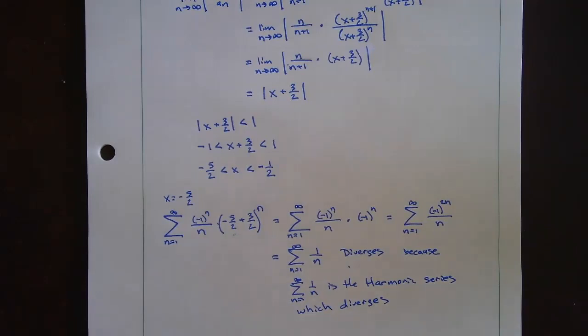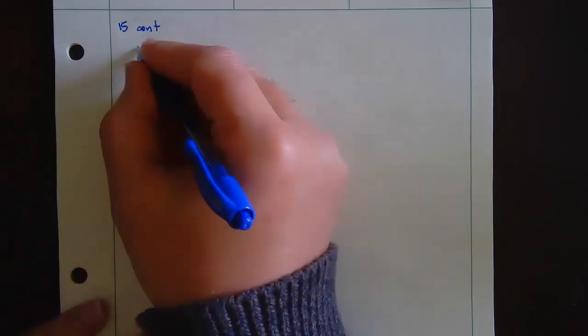I need another piece of paper. I knew this was going to take a while. Okay, so let me grab that. Now I need to check it at x equals negative 1 half.